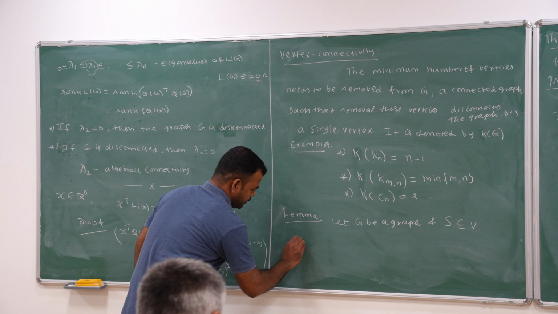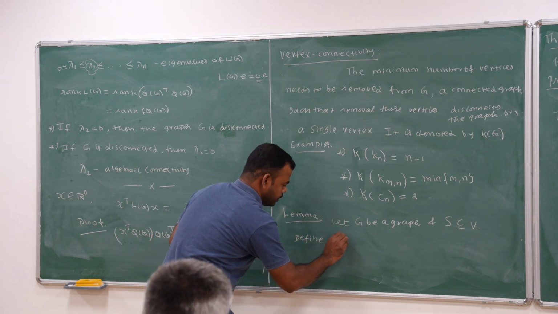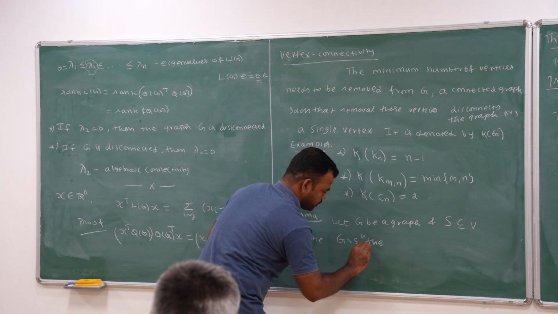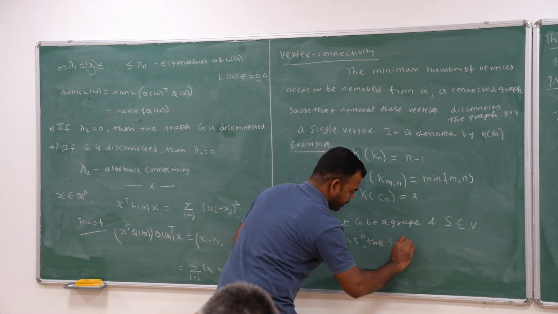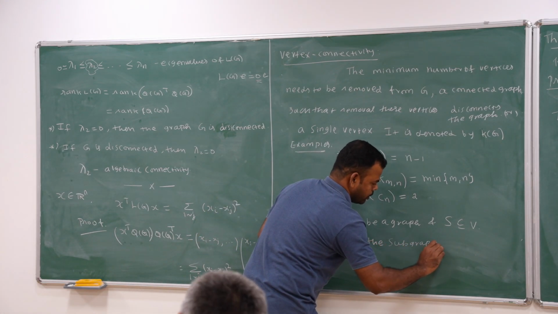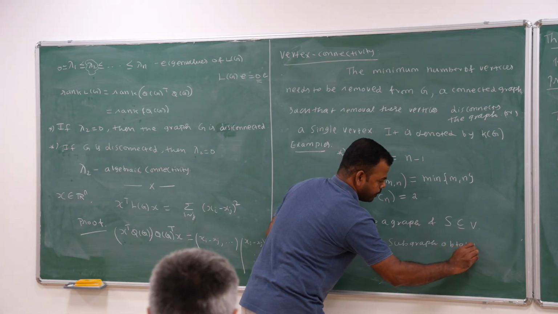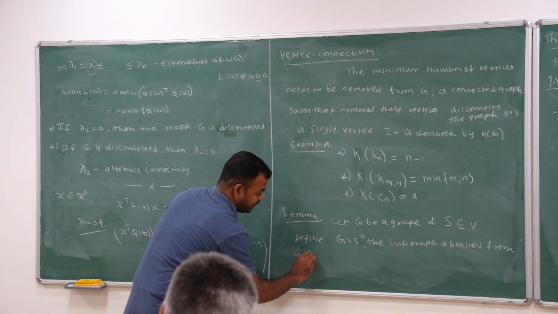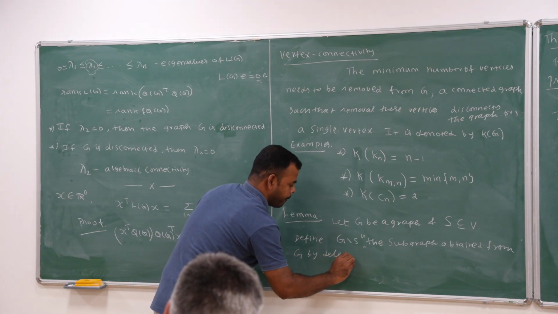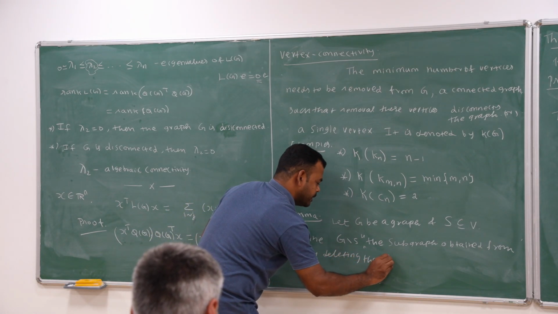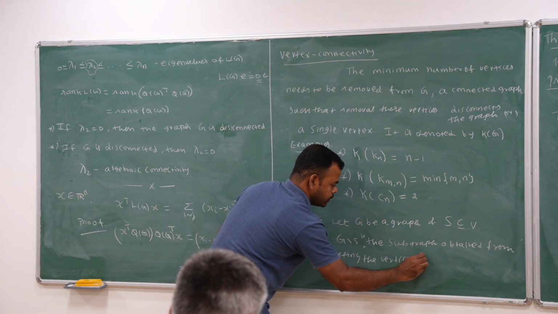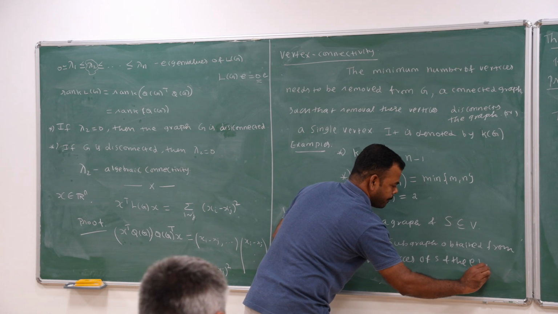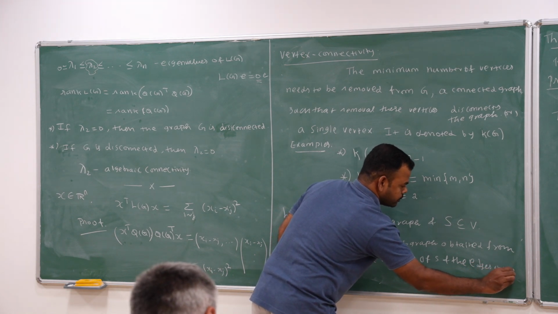Define G minus S. How to define G minus S? G minus S is the subgraph obtained from G by deleting the vertices of S and the edges incident with S.